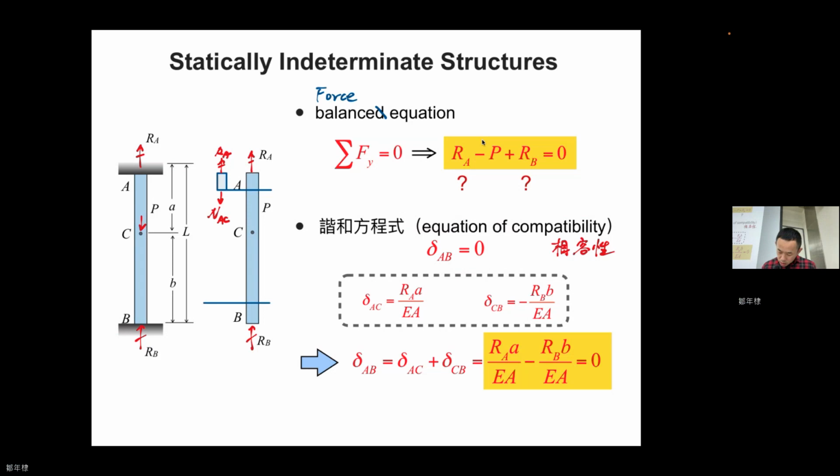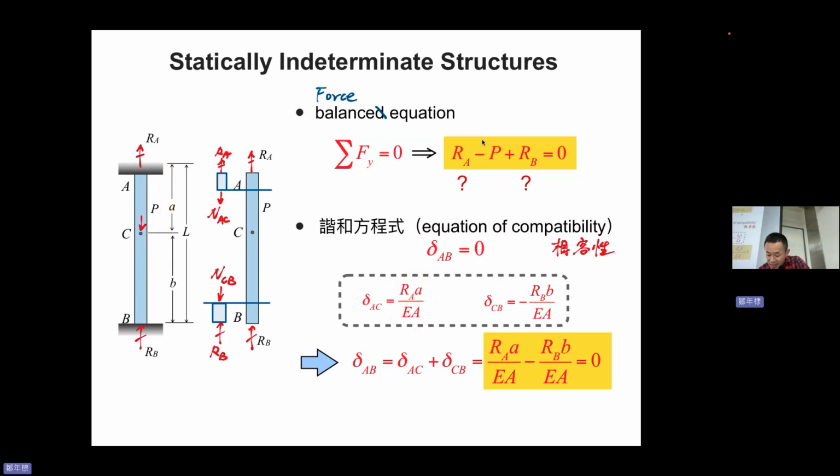And this is RB, and this is the CB section. Then delta AC is RA times the length divided by EA.